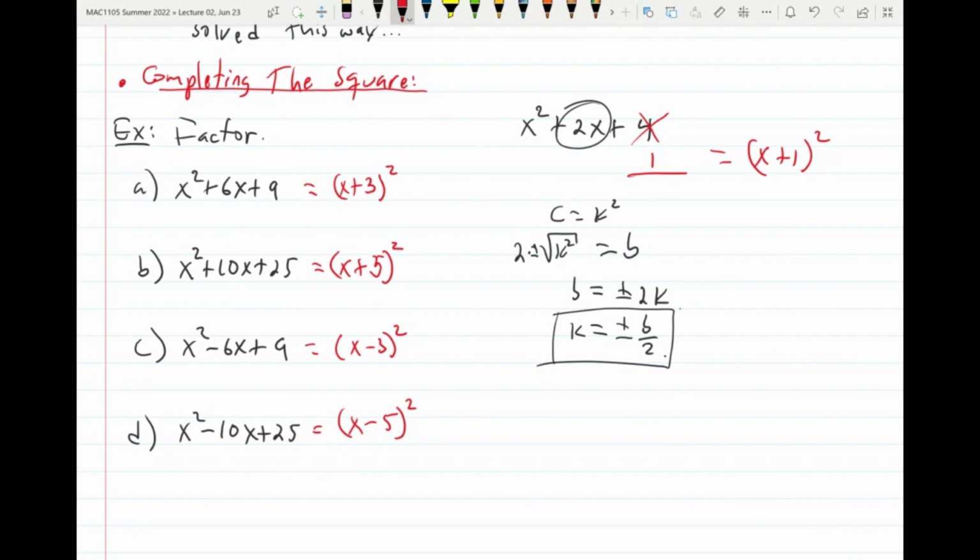Did you understand this? Okay, so let me write it down. So I guess, okay, I'm gonna keep this analysis here. Let me just say that this plus or minus is already in the equation.